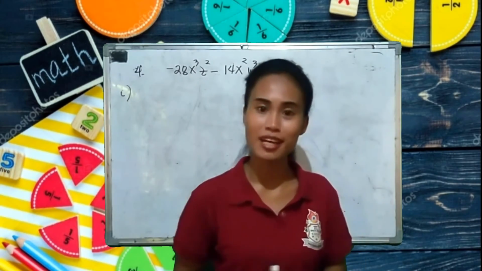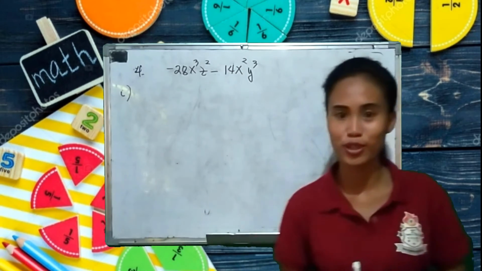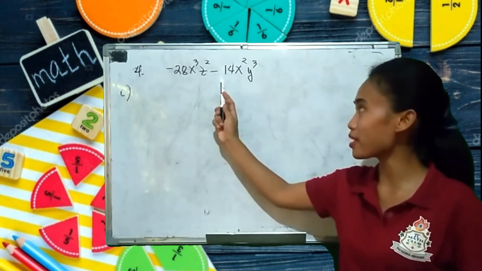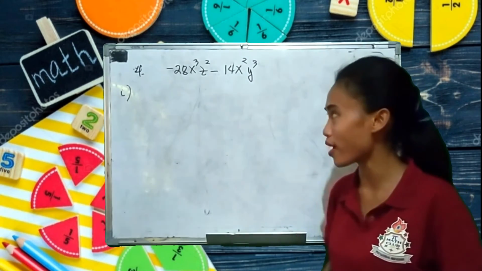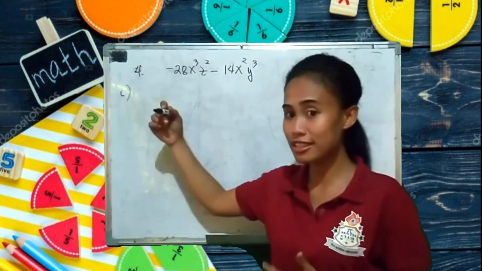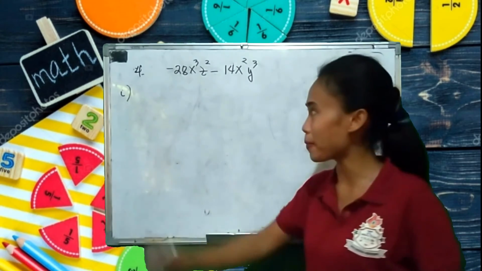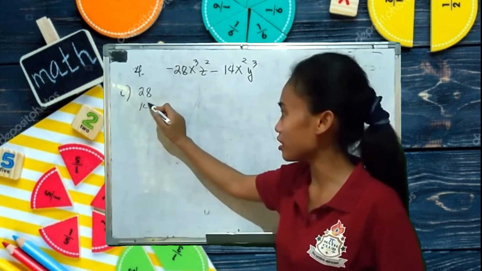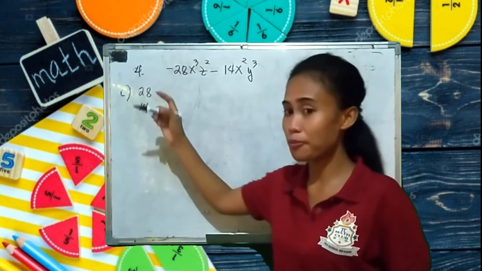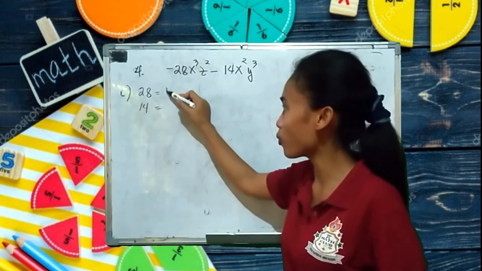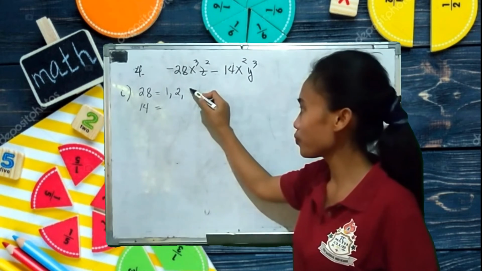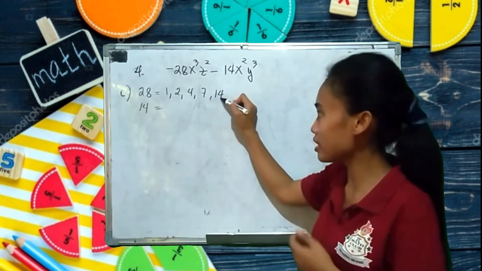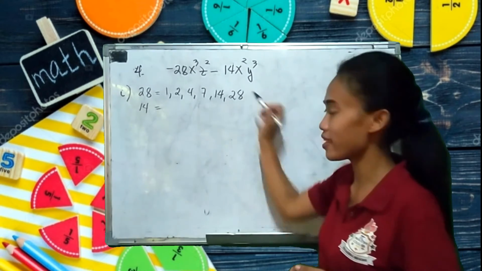For our last example, we consider this polynomial: negative 28x cubed z squared minus 14x squared y cubed. So first step is to determine the CMF. So we consider 28 and 14. Knowing that the factors of 28 are 1, 2, 4, 7, 14, and 28.